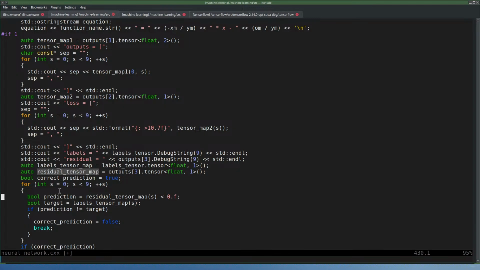So if this is less than 0, then we predict true, and then the label must be 1, which is also true. This is also a float though. It's kind of scary to assign that to a boolean. Let's make this as well less than 0.5. It's the other way around. Now it's true when it is 0. So this must now be larger than 0.